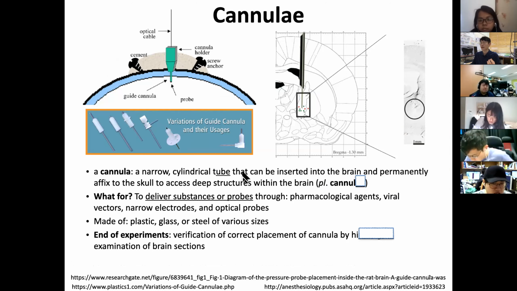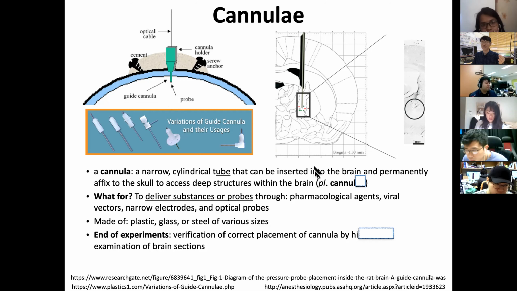This is called a cannula, which can be inserted into the brain, and we can permanently affix it to the skull. You see there are glues and cement to fix it, and to access deep brain structures within the brain. For example, you can see here in this deep region of the brain, you insert it. And you can insert not only one cannula, but multiple.